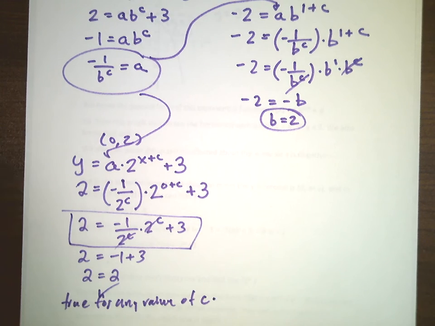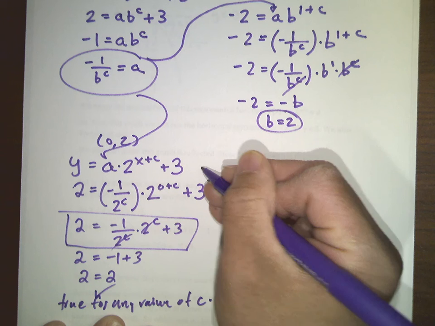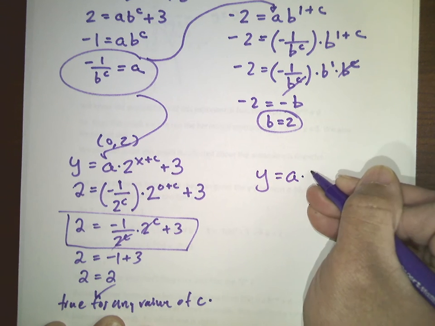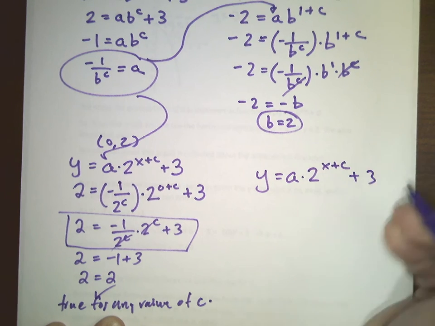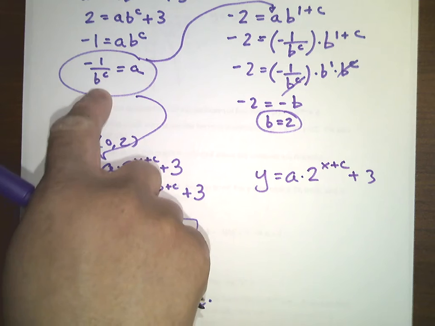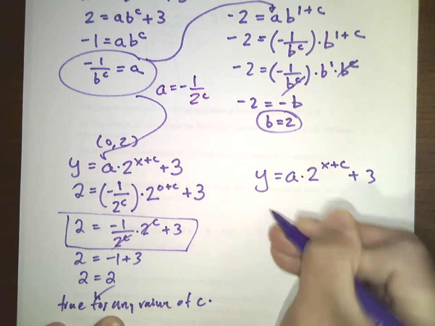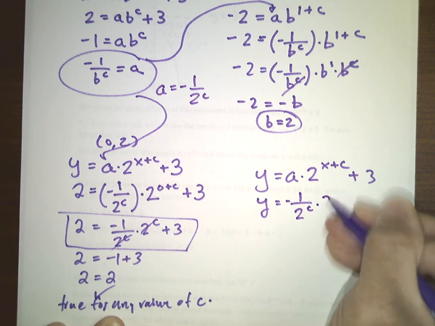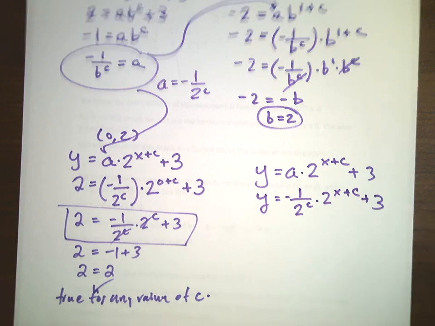All right, so what does this actually mean here? Well, if I know that this was my equation, y is a times 2 to the x plus c, plus 3, but a was negative 1 over b to the c, or negative 1 over 2 to the c, then that's y is negative 1 over 2 to the c times 2 to the x plus c, plus 3.